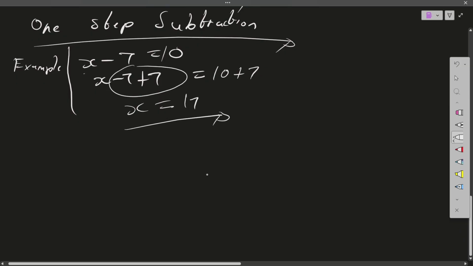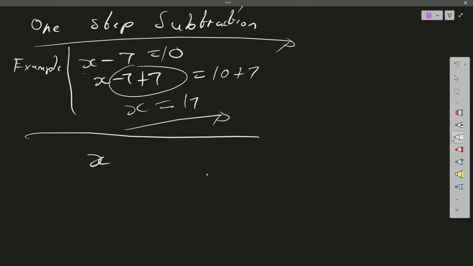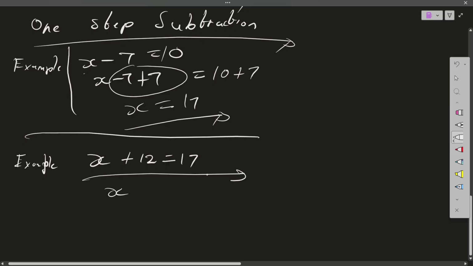Let me give you a random example. Let's say we had x plus 12, which is equal to 17. This is a random example, okay? Isolate the x very fast. Do this one very fast in your mind.